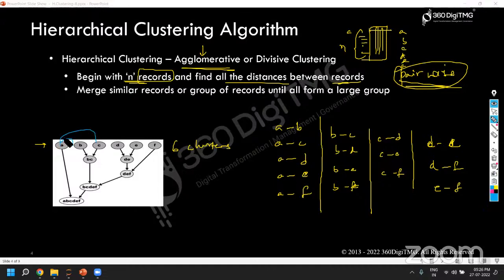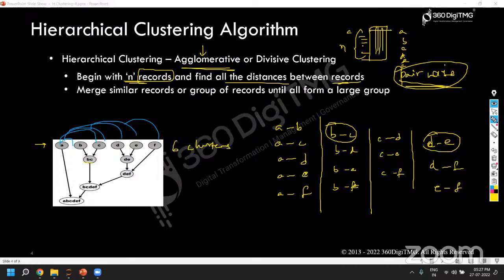So like this, I'll measure all the distances, right? And once the pairwise distances are calculated, we will know which of these pairs are closely placed. Which of these records are close to each other. Let us assume that this pair and this pair are the closest.